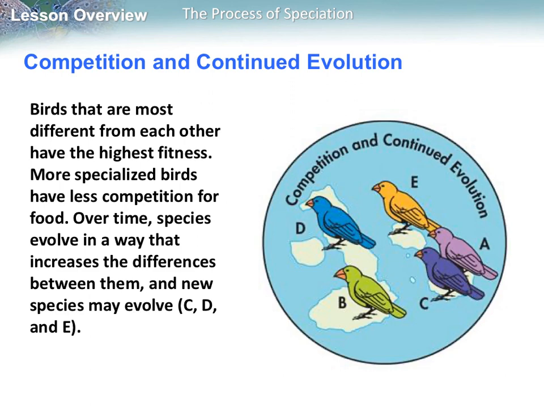Birds that are most different from each other have the highest fitness. The more specialized birds have less competition for food. So over time, we wind up with species that evolve and change, and that increases the differences between them. So we get new species A, B, C, D, and E, all on different islands, all more well adapted to each individual environment.